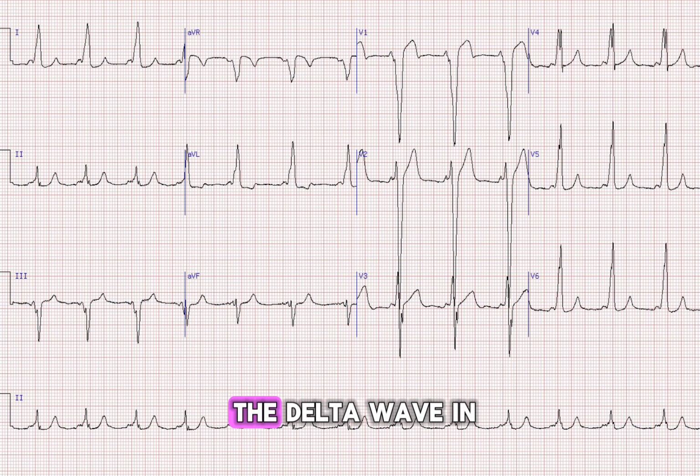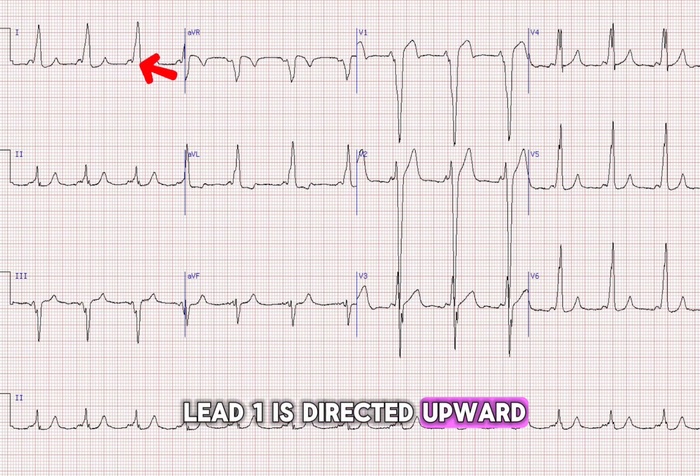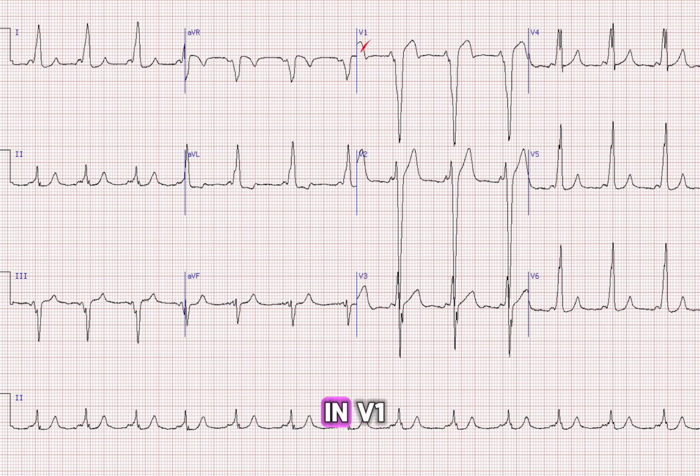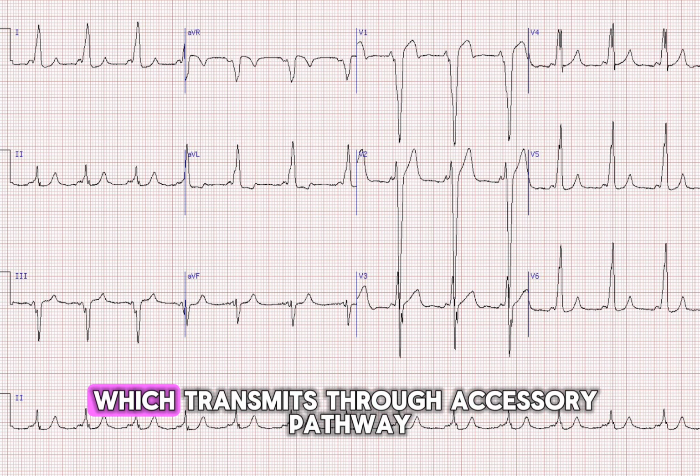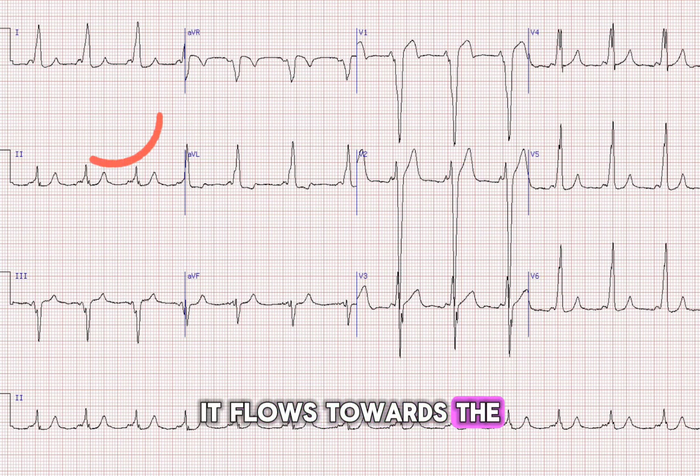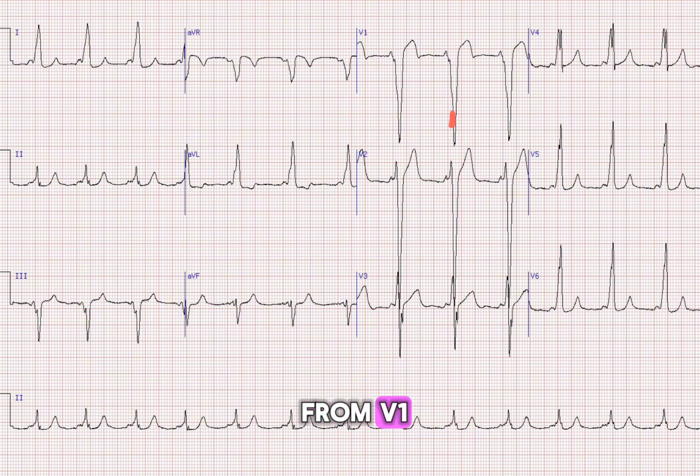You can see that the delta wave in lead 1 is directed upward, while it is negative in V1. Which means that the initial current which transmits through the accessory pathway flows towards lead 1 and away from V1.